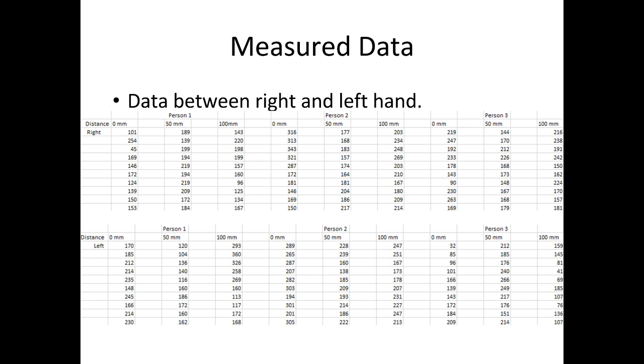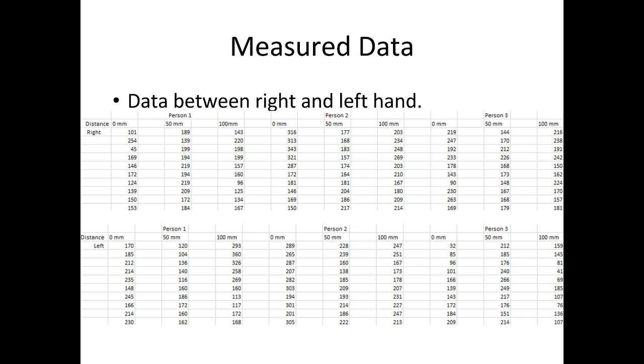And as you can see from the data, here is the data between our right and left hand. And as you can see, there are 3 displacements being 0 millimeters, 50 millimeters, and 100 millimeters. Okay.